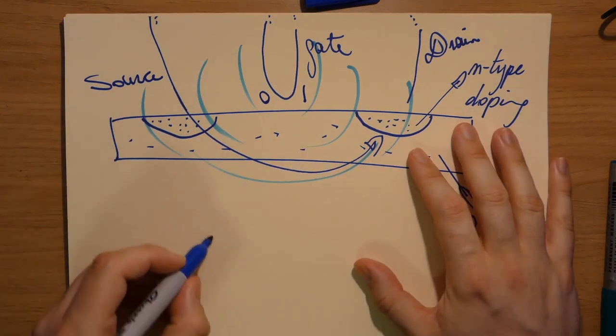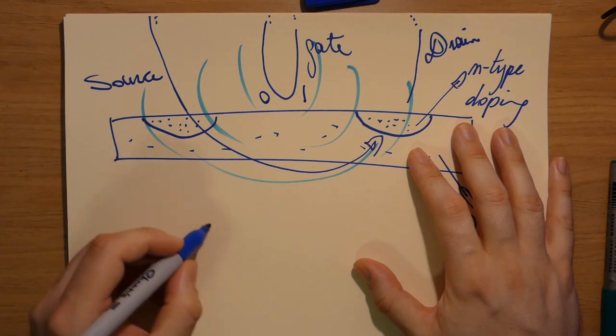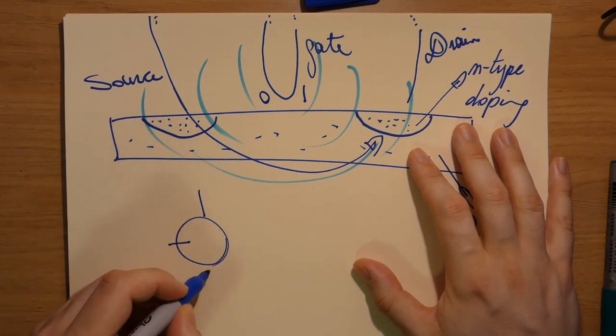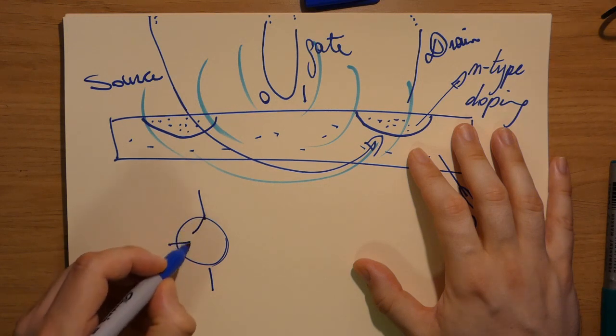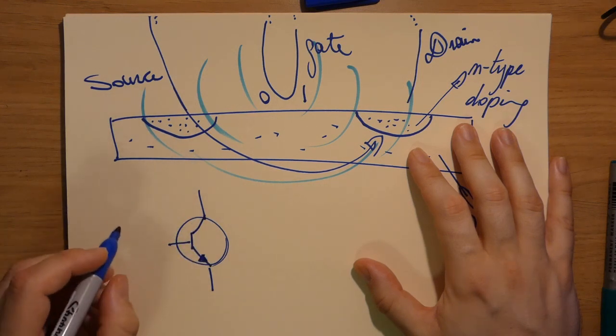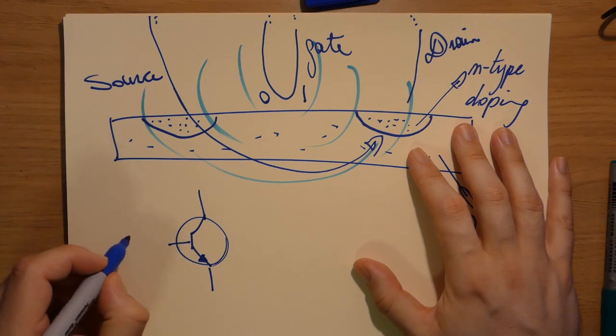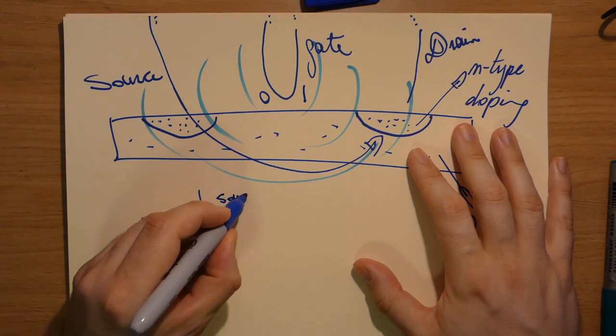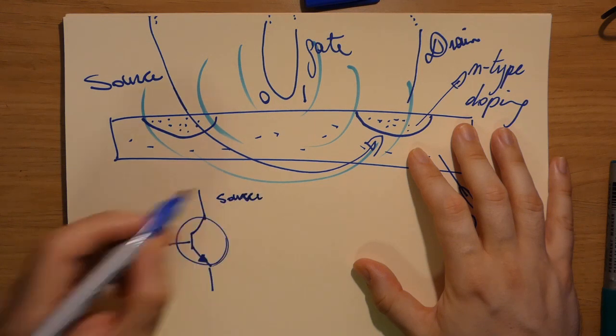Now, transistors have their own symbol, and it looks something like this. Right, so this being the gate. Source and drain.